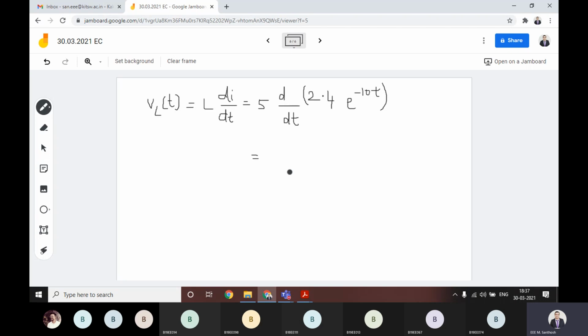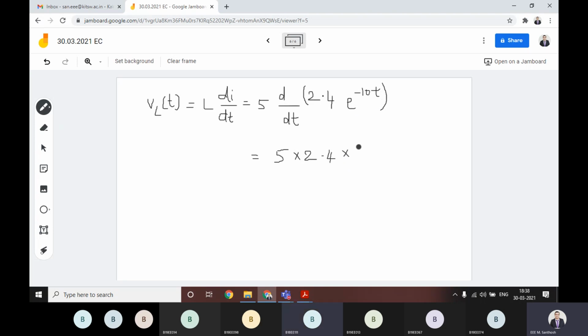What is the value? What is the derivative for 2.4? We can't do that. Okay, then you have constant, 2.4 come here. What is the derivative for e power minus 10t?